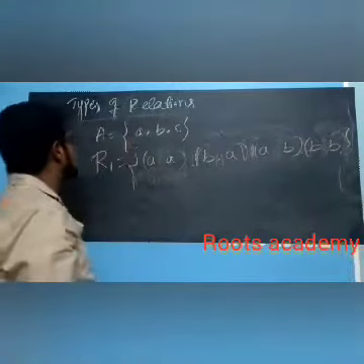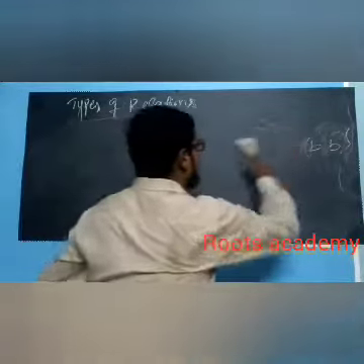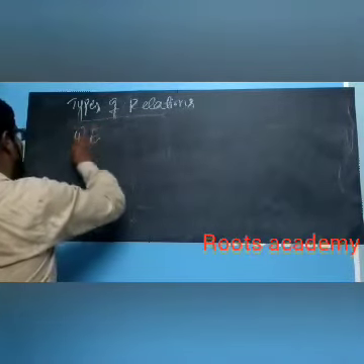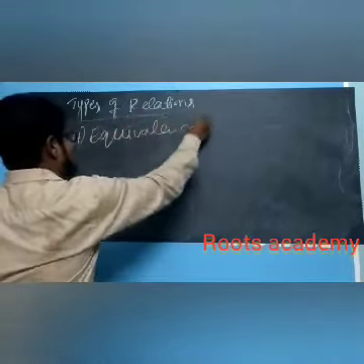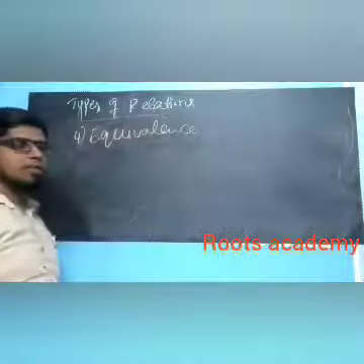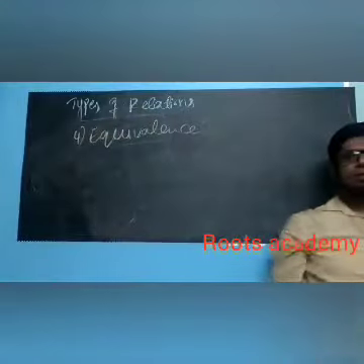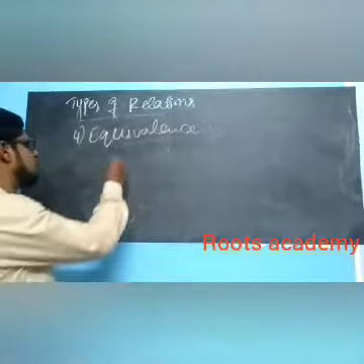Let us go to the equivalence relation now, the fourth type of relation. What is this equivalence relation? A relation which is reflexive, symmetric and transitive is called an equivalence relation.